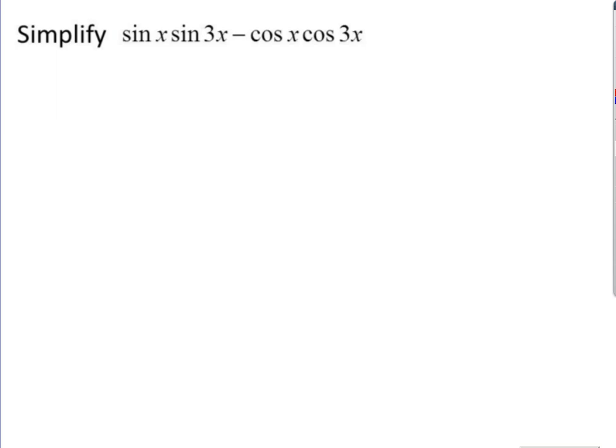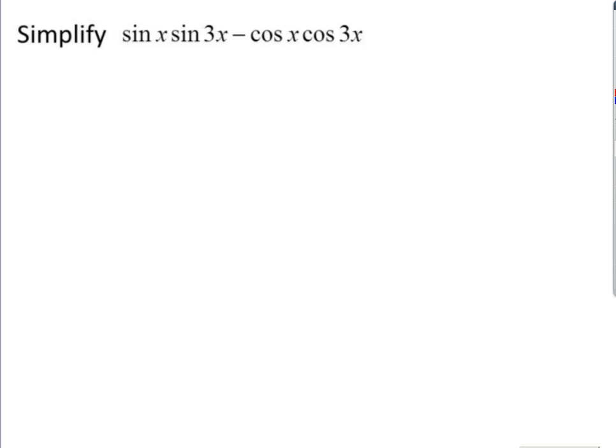Now we can also simplify using this information. So if we look, sine of x, sine of 3x, minus cosine of x, cosine of 3x, looks kind of similar to the cosine sum identity. It's just in the wrong form.